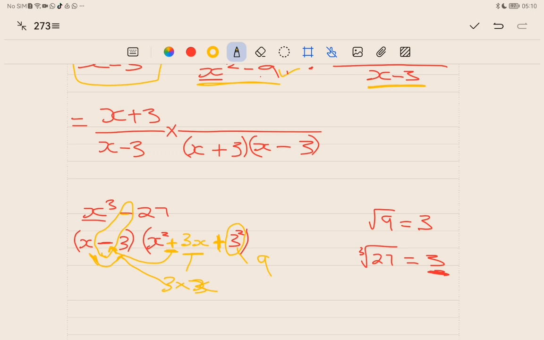So here we're going to have this, divided by.